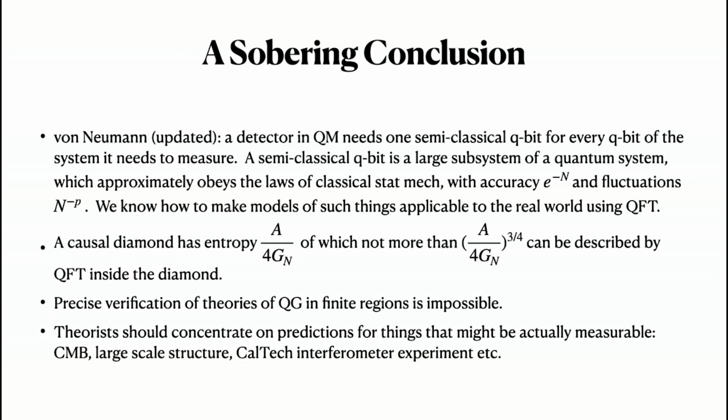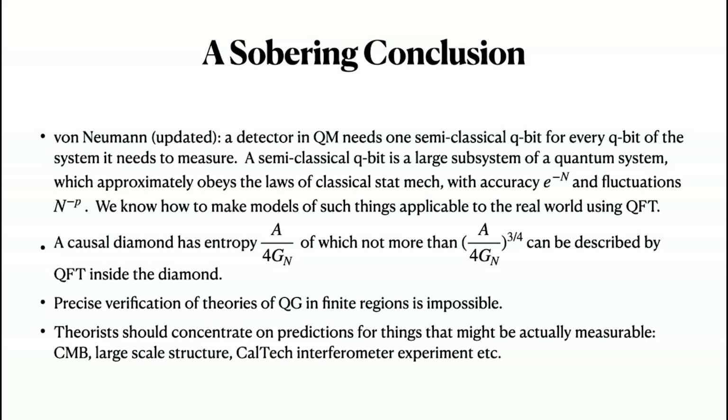But if you've got many fewer degrees of freedom in quantum field theory in your system than the number of degrees of freedom in the system you'd like to measure, you're never going to be able to detect most of the quantum information in the system.